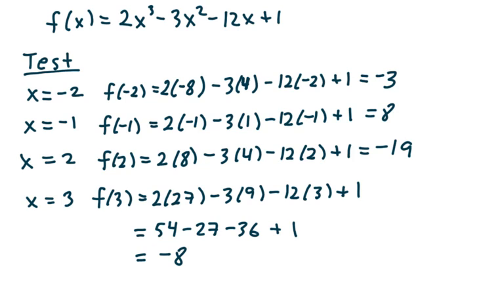Now, I need to know the lowest y value. I need to know the highest y value. The lowest y value appears to be negative 19. The highest y value appears to be 8. And so let's make our conclusion.